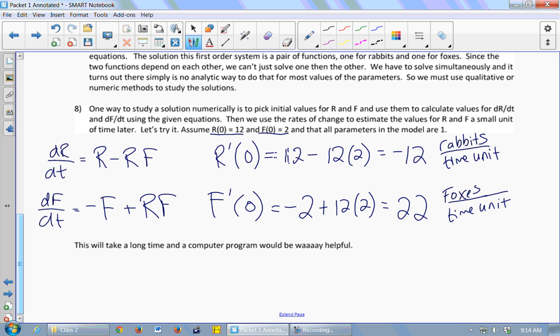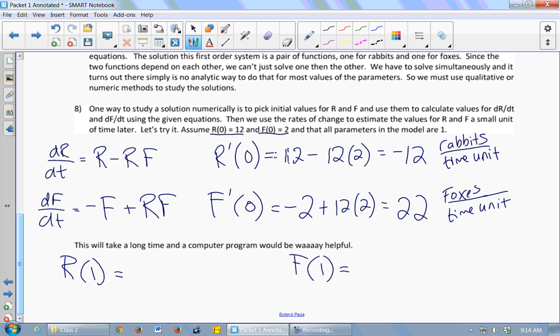So that way, I can now predict r of 1 and f of 1, right? The size of the rabbit population and the size of the fox population 1 unit of time later. So rabbits started with 12, and they're decreasing by 12 rabbits for every unit of time.